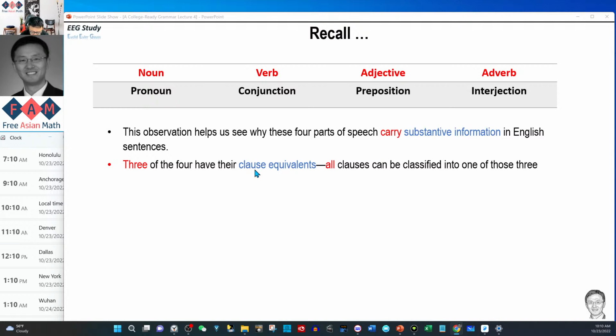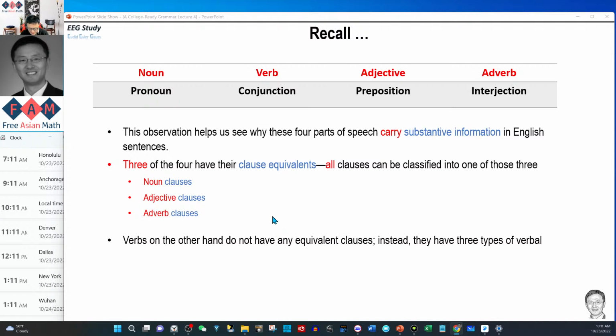So we have noun clauses, adjective clauses and adverb clauses, which makes sense because the other most important part of speech, verbs, do not have any corresponding equivalent clauses.